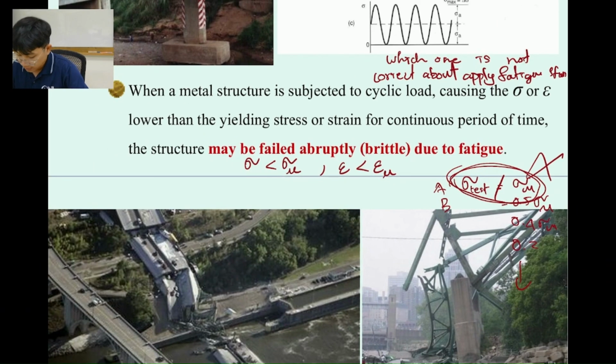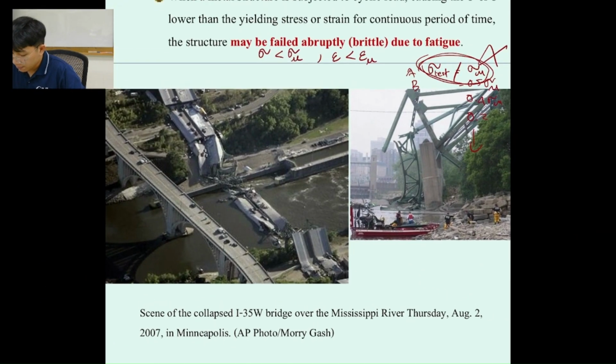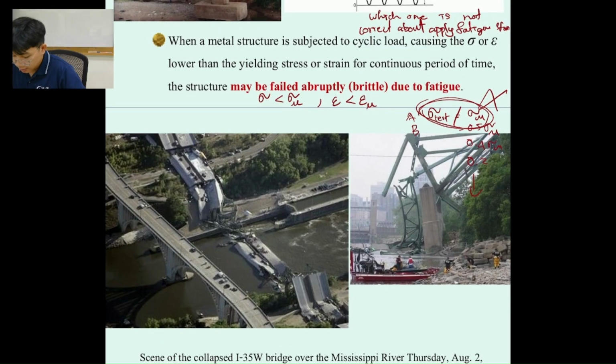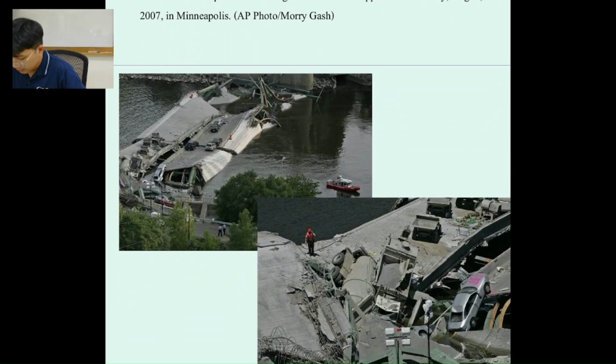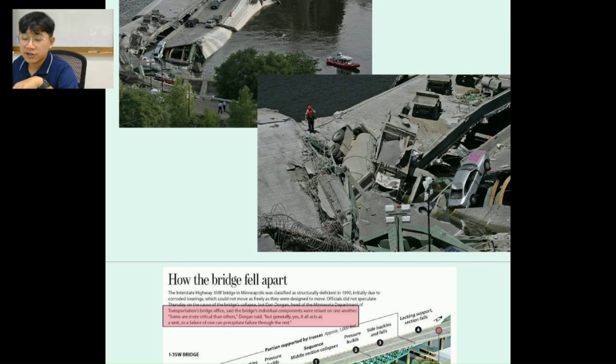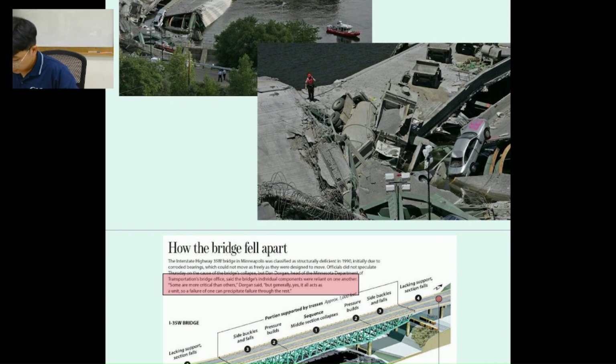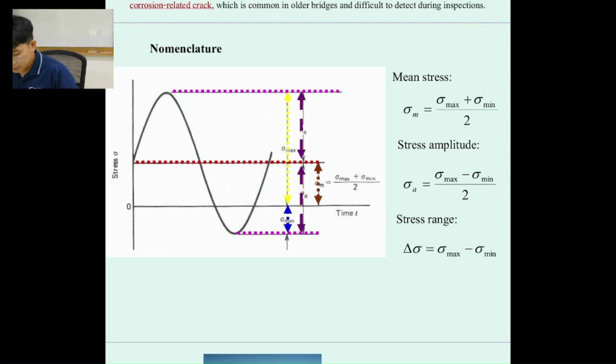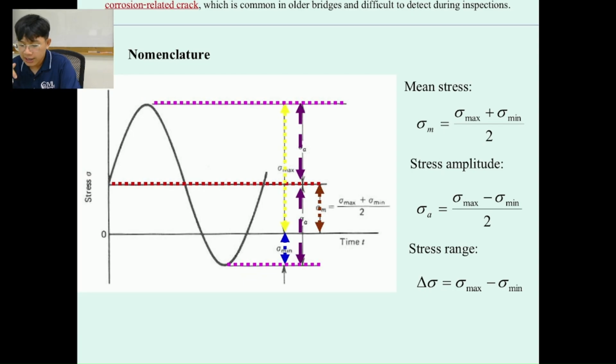Okay, and these are examples of failures by fatigue over here. But most of the time it doesn't fail at the members. Most of the time it fails at the connection, the bolt and maybe the welding of the connection. So that's why it failed like this.